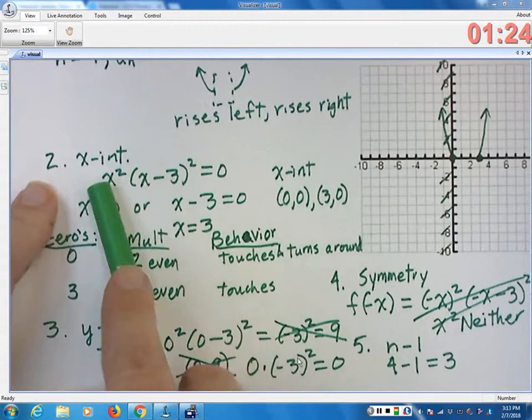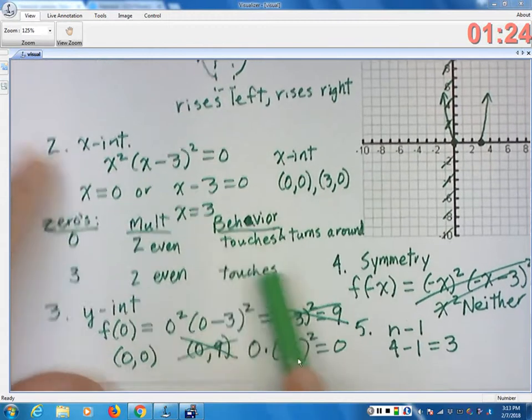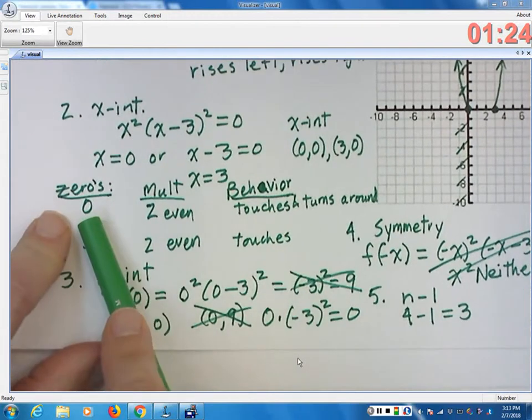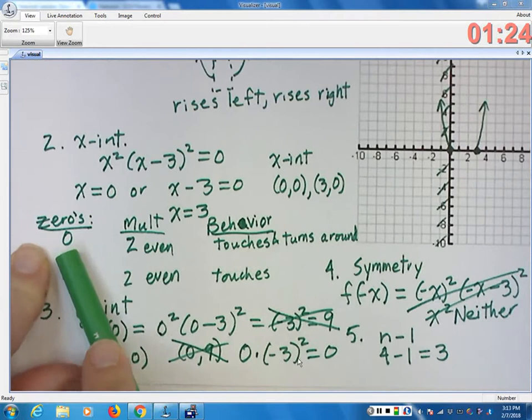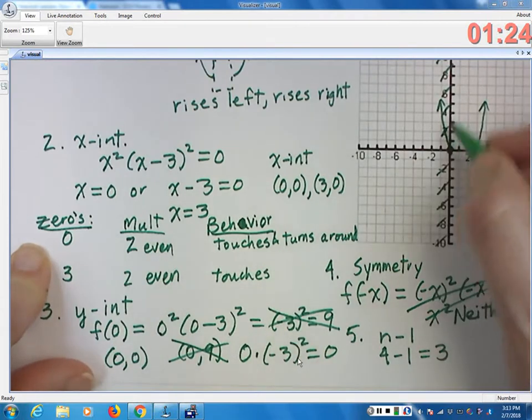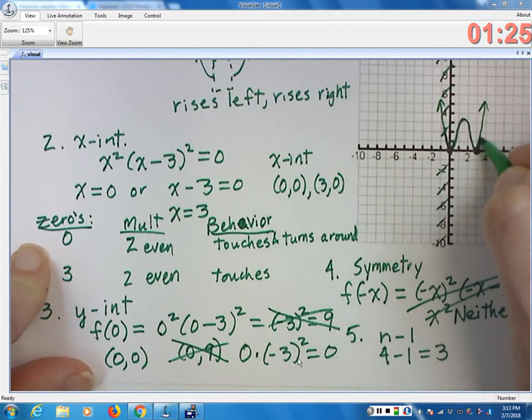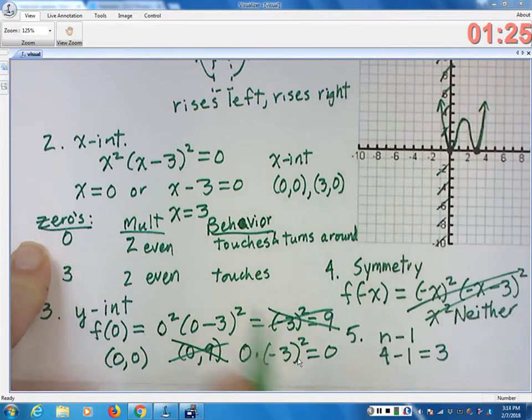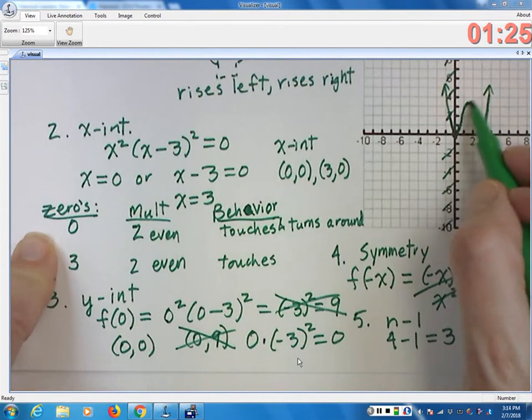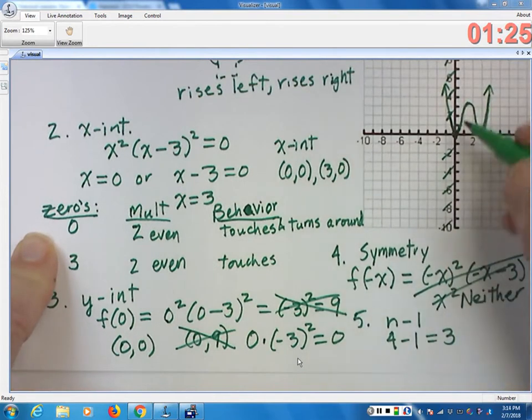The x-intercepts, we got that. The behavior at the zeros: at x equals 0, it's going to touch and turn around. This is supposed to be smooth. It turns around, and we don't know how high it goes, but it must turn back around, and then it turns around at this 0. I'm not interested in how high it goes, but do show a bump.